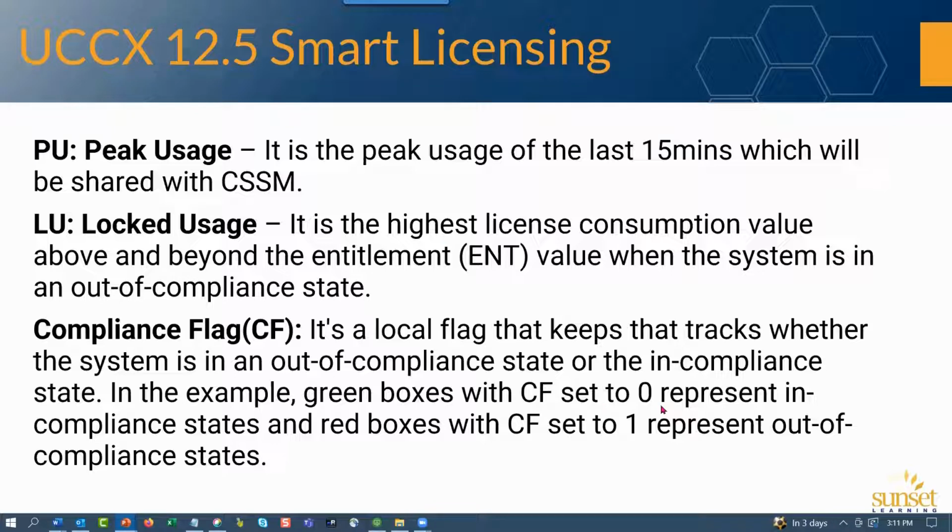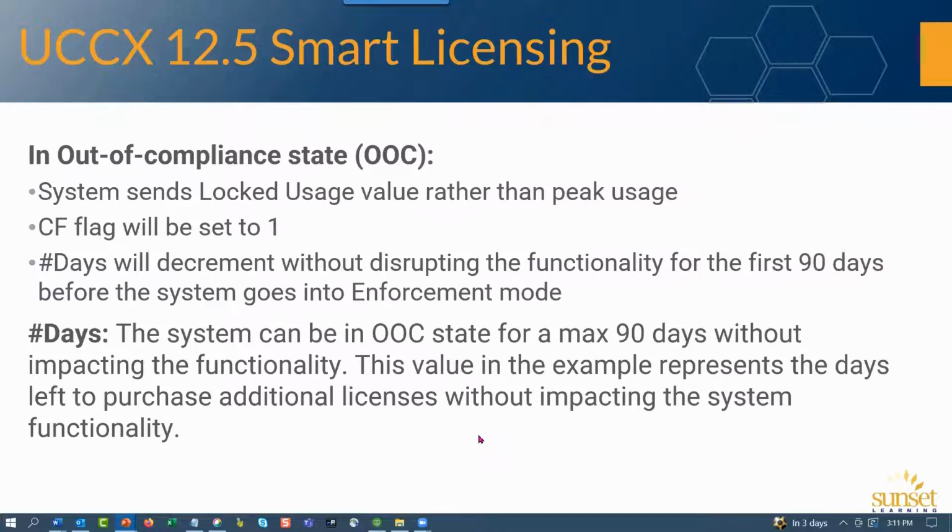When the compliance flag is set to 0, it represents in compliance. When it's set to 1 with red boxes, it represents an out of compliance state. When you're in an out of compliance state, the system sends a locked usage value rather than a peak usage value. The compliance flag gets set to 1 and they start to count how long you are going to remain in that out of compliance state before the system goes into an enforcement mode.